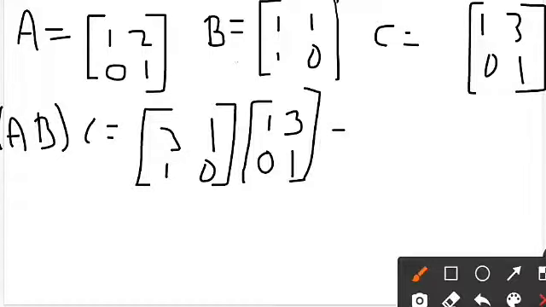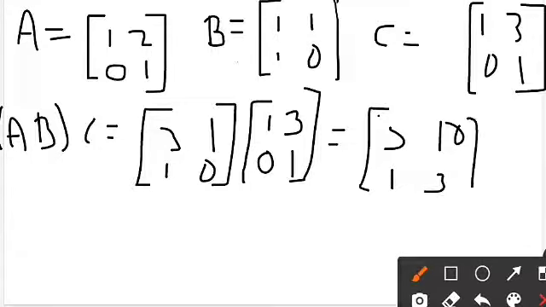We will multiply it again with this and we will get 3 into 1 is 3, 3 threes are 9 and 1 is 10, here is 1 and here we will get 3. Now we can check the determinant of this matrix: 3 threes are 9, minus 10 is minus 1. So the determinant of this matrix is minus 1, so this is also closed.